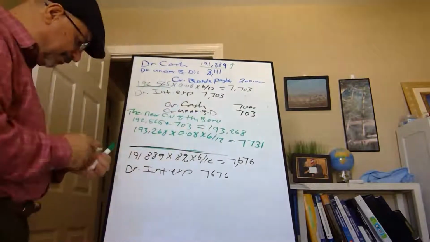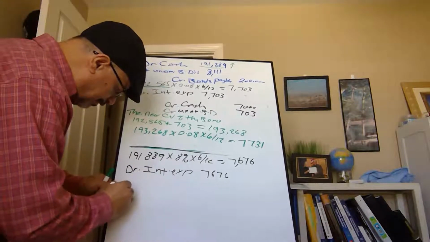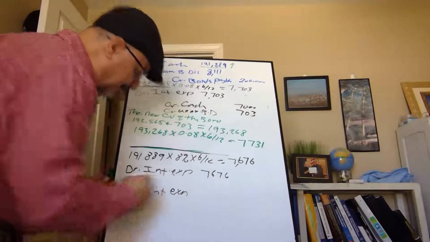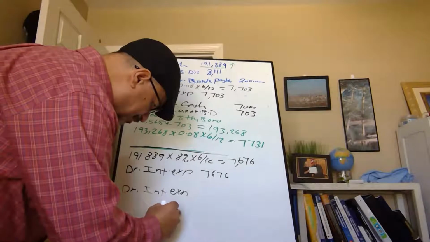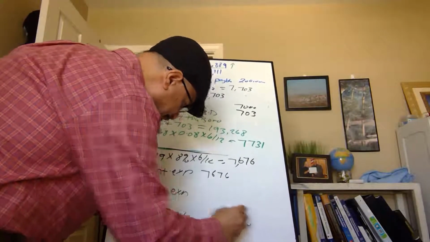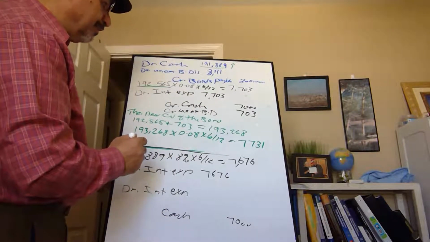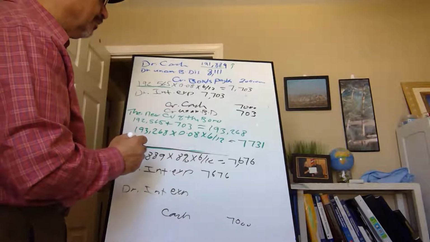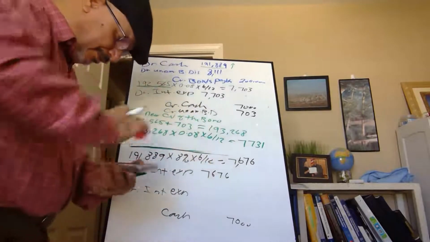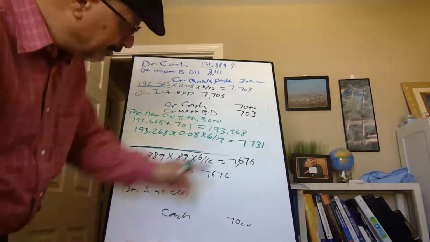Okay, this is the third interest payment. We debit interest expense, and we credit cash, automatically cash for $7,000. The new interest expense is 7,731.